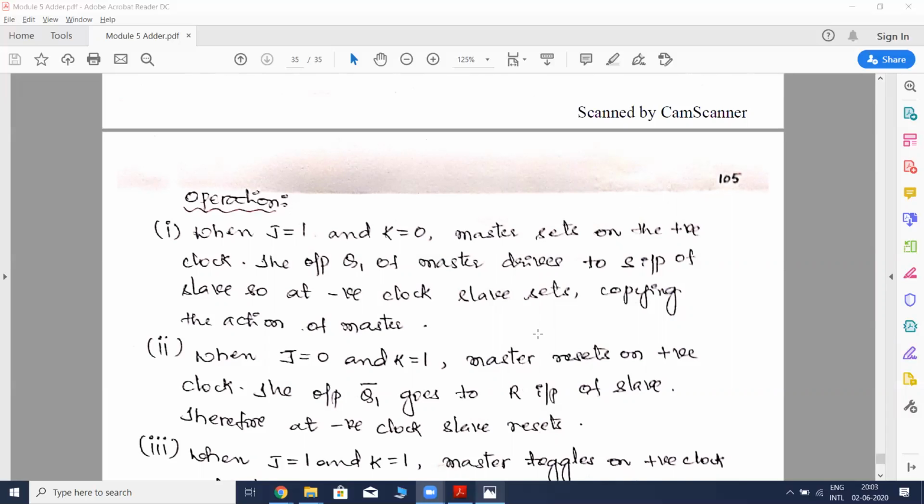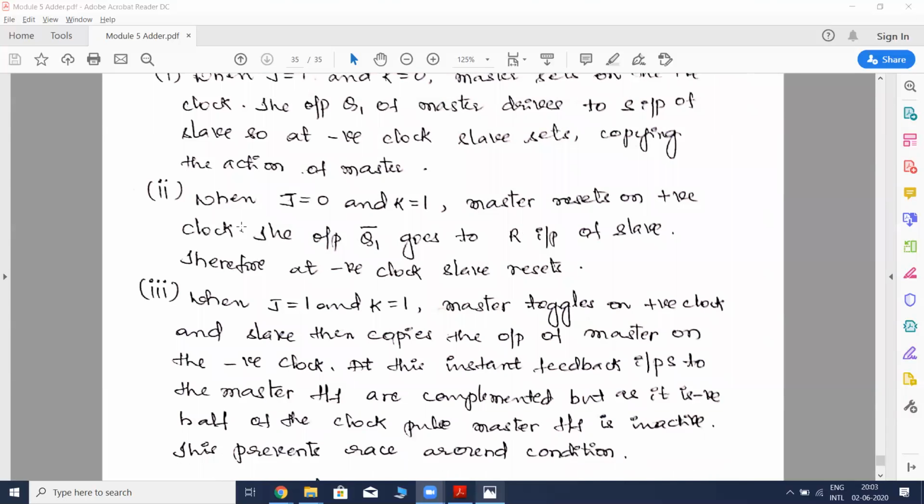Now let us see another input, how it is done. When J is 0 and K is equal to 1, obviously we know that if J is 0, we are going to get the reset condition. So the master will reset.